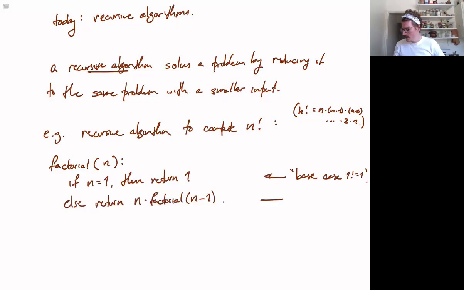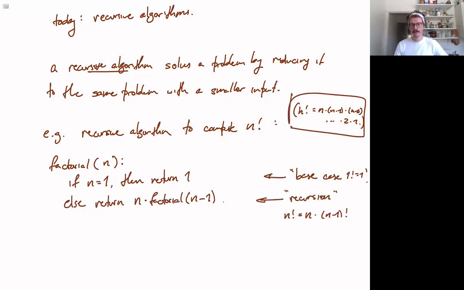So this is the recursive step, or let me just say the recursion, which is using the fact that n factorial is equal to n times n minus 1 factorial. You can see that pretty immediately from this formula up here.